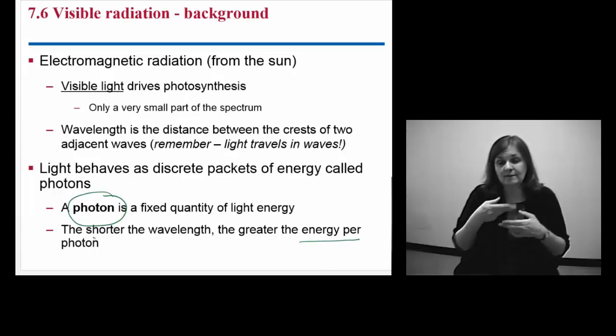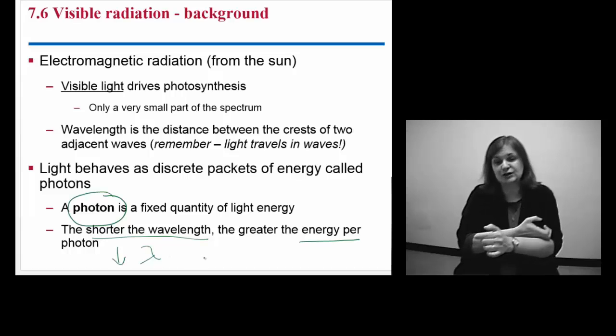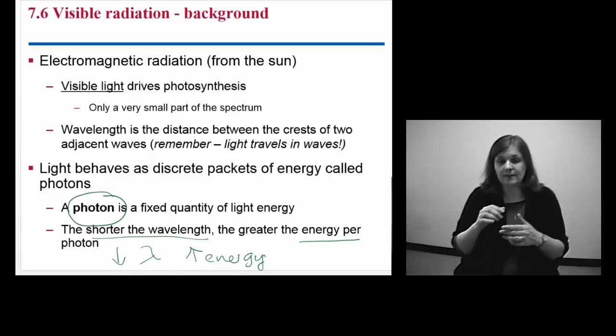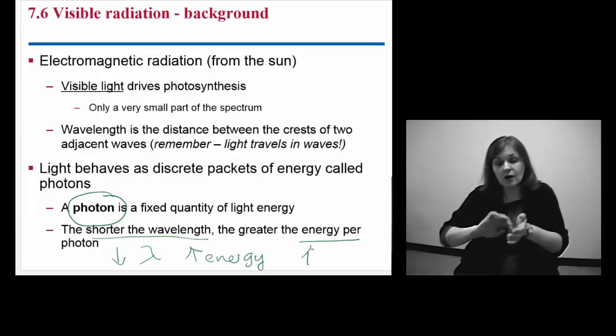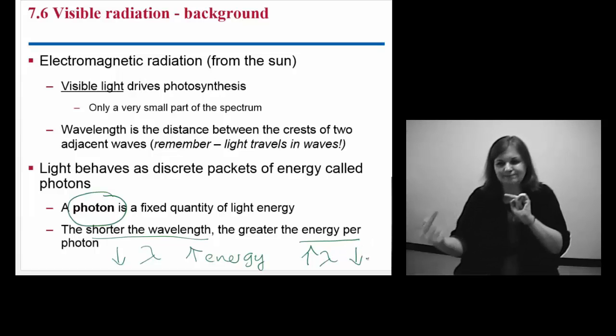If we have a short wavelength, we say that that energy is actually much higher. This is an inverse relationship because if we have longer wavelengths, the energy will be lower.